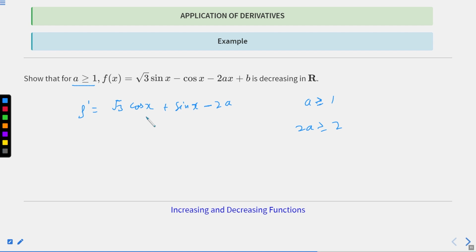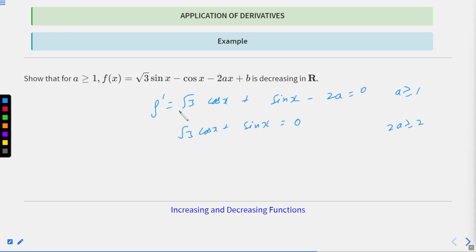If I put this equal to 0, you will have root 3 cos x plus sin x equals twice of a. So what can you think? Clearly, if you can come up with some trigonometric rule, something like that.